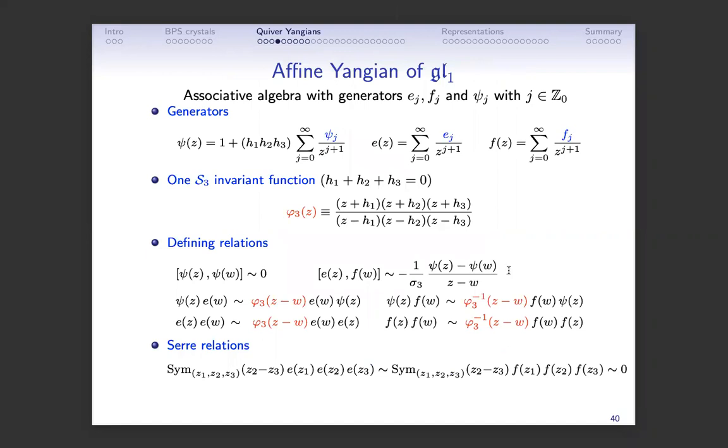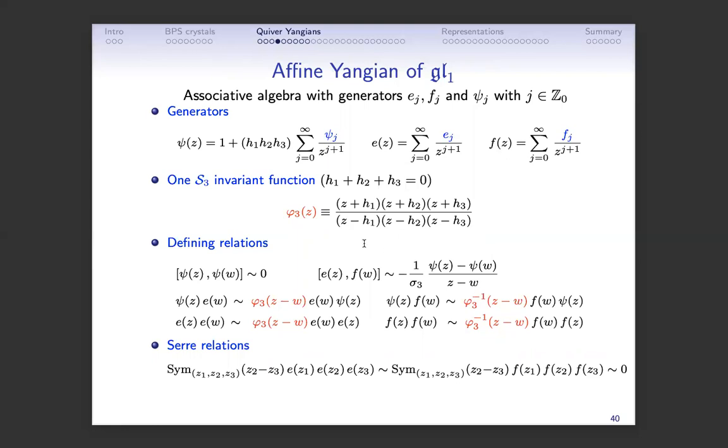This is the BPS algebra for this C3 case, which is the affine Yangian of gl1. It looks a bit complicated, so let me walk you through this. This algebra has 3 families of generators. This psi is a Cartan, this e is a raising operator, and this f is the lowering operator.